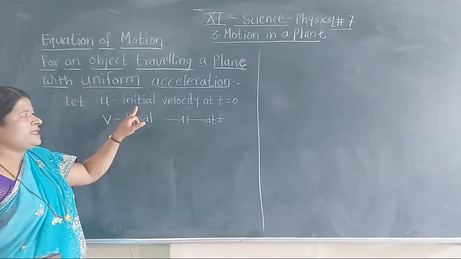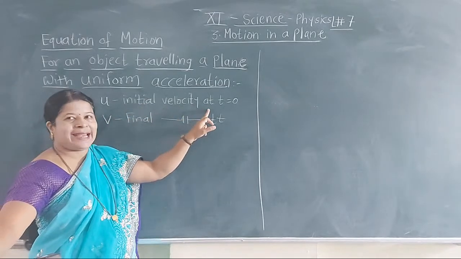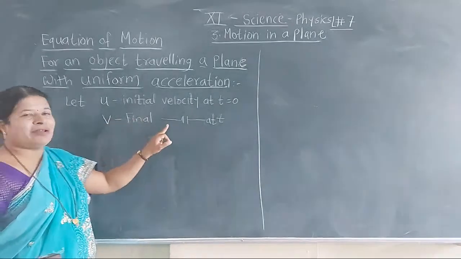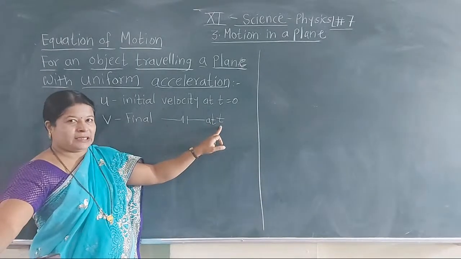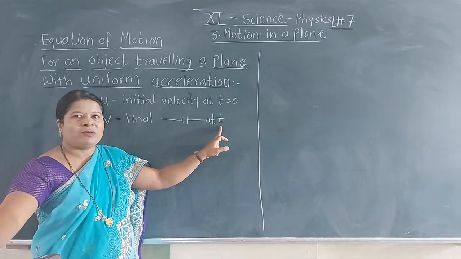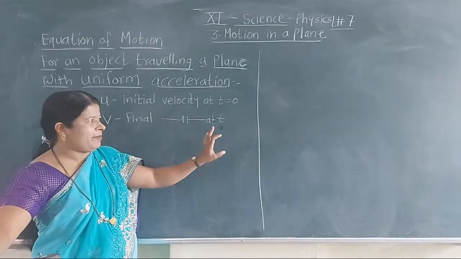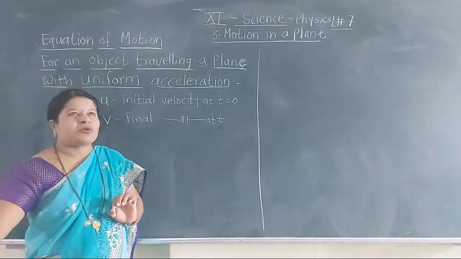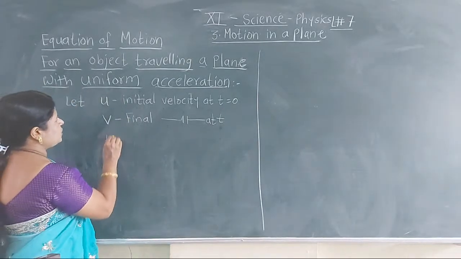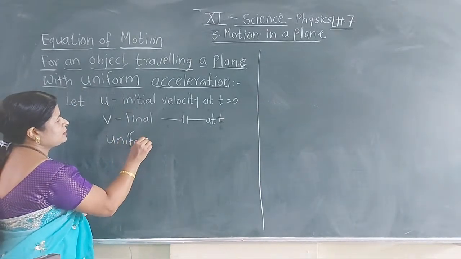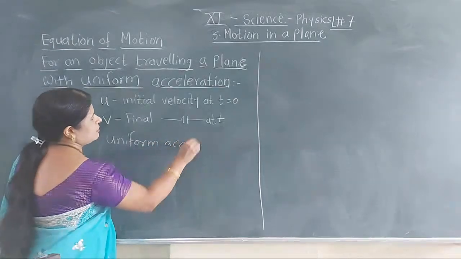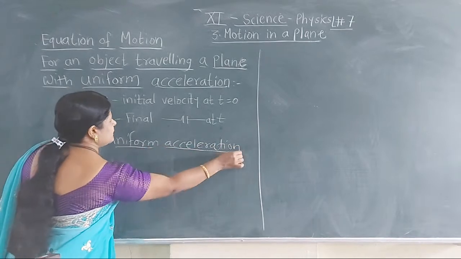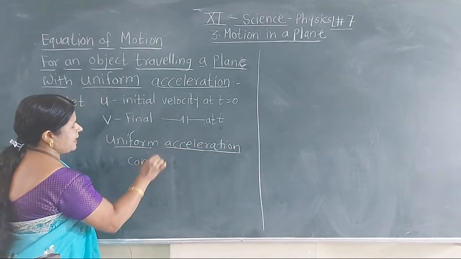Let u be the initial velocity at t equal to 0 and v be the final velocity at a time t. Sometimes it may be 5 seconds, 10 seconds, whatever it may be, after some time. Now as the acceleration is constant, uniform acceleration, that means constant acceleration.